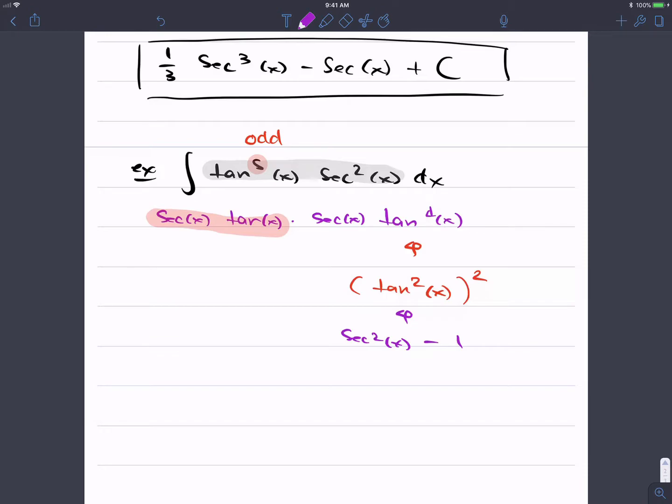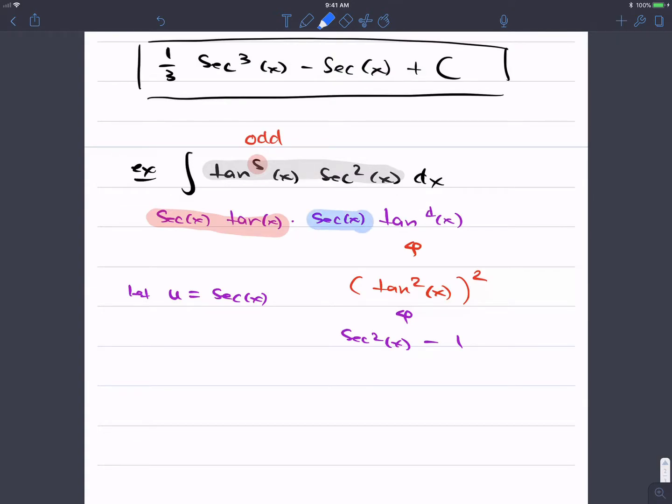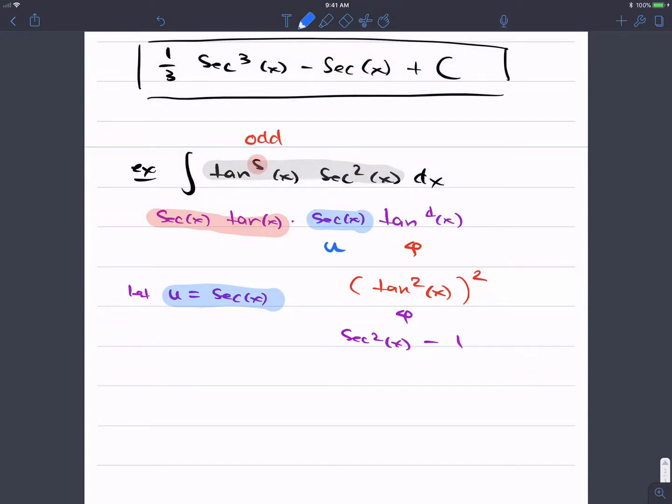We're going to let u be secant. So now wherever there's a u, let's find the u. Here's secant. That's now going to be u. Over here, secant squared. That's going to be now u squared.